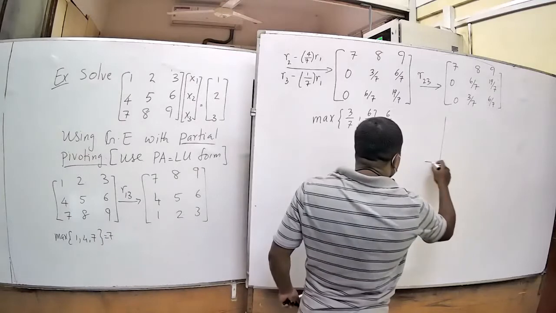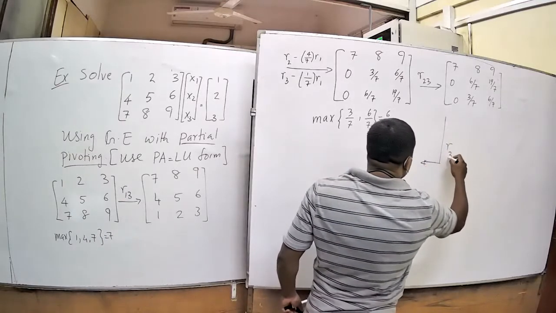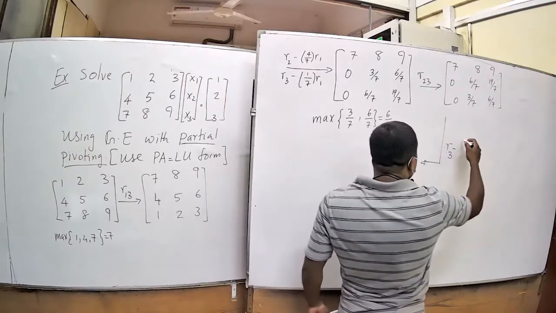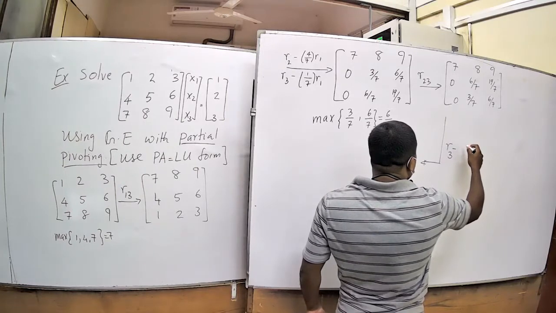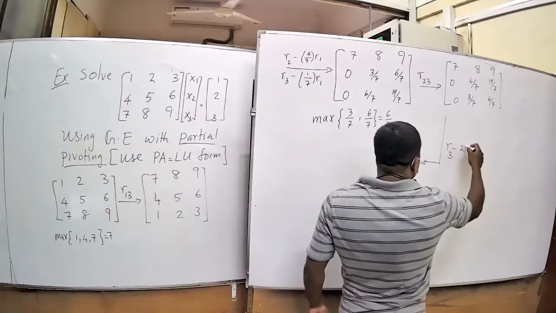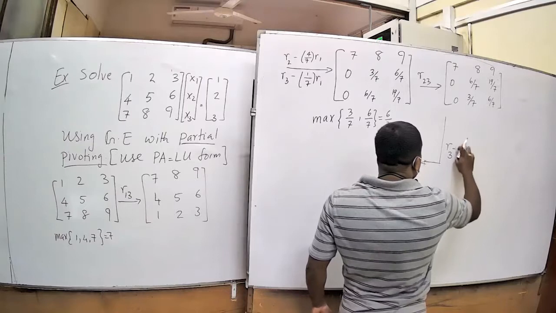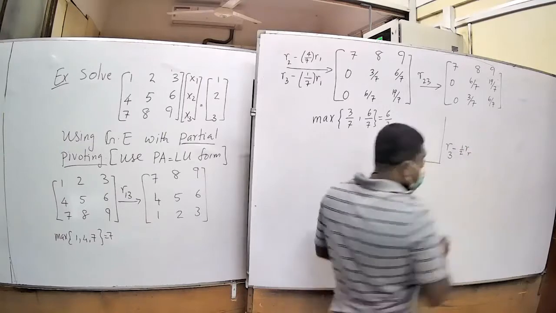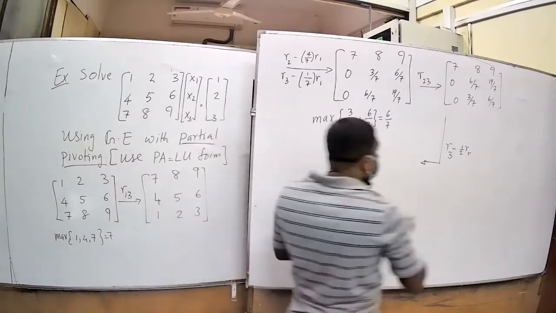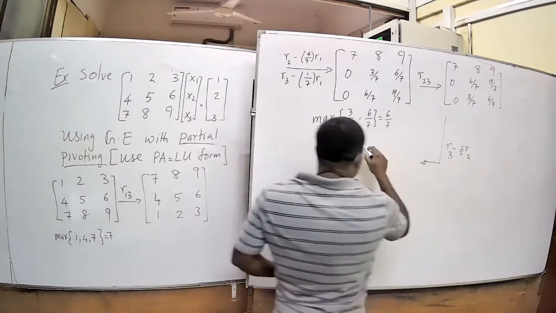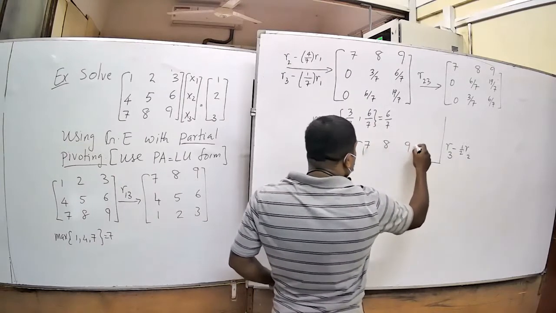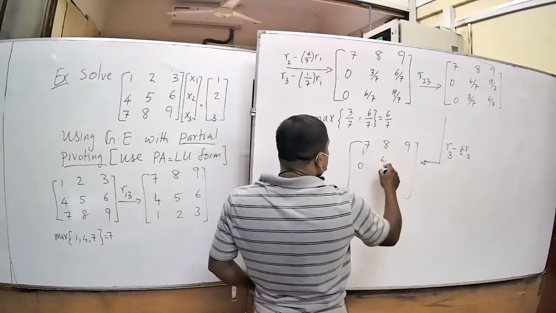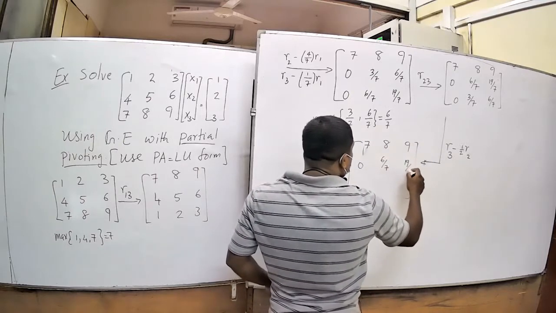So what you do is, let me do this, R3 minus 1/2 R2. So when you do that, you get 7, 8, 9, 0, 6 upon 7, 19 upon 7.